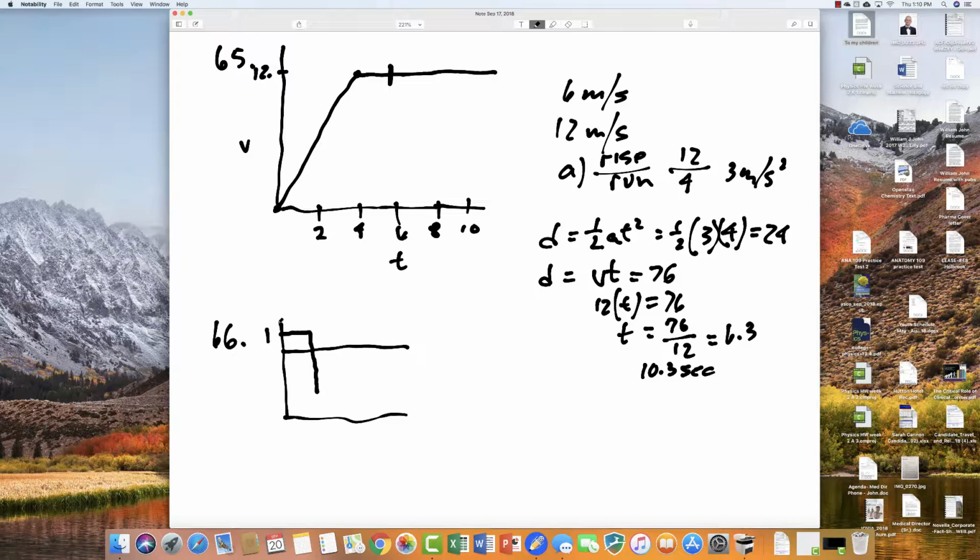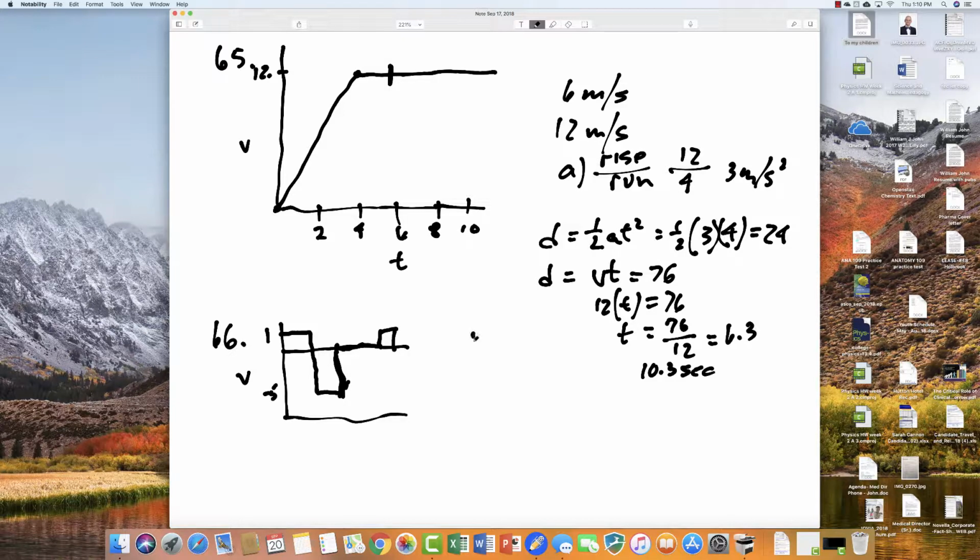So this is 1, this is -5 meters per second, and it stays at -5 for a second, and then it goes up to 0. There's no acceleration, and it stays there from 3 seconds until 5 seconds, and then it jumps back up to 1 for another second to 6 seconds, and then it's the end. So it looks something like this.